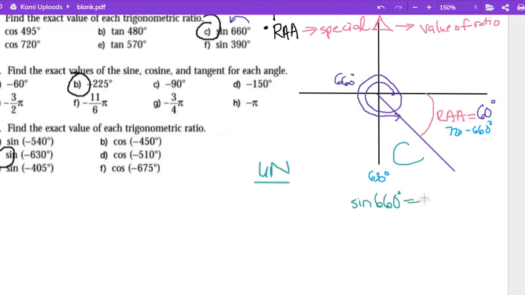Now we can relate the sine of 660 to the RAA. So I know that it will be the same value of sine of 60, except will it be positive or negative? It is negative because I'm in the fourth quadrant, and in the fourth quadrant, only cosine is positive.